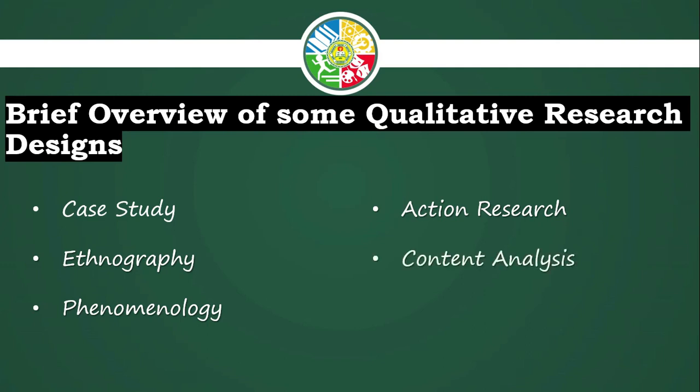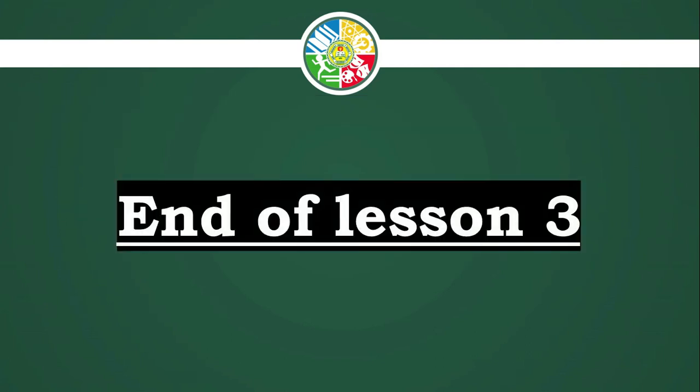This design can be used if you have some documents that you want to explore to understand a certain problem. For instance, you can decide to use newspapers to understand the type of content that is commonly published in a community. So that would be the end of lesson 3. I do hope that you learned a lot, especially on the nature of qualitative research.